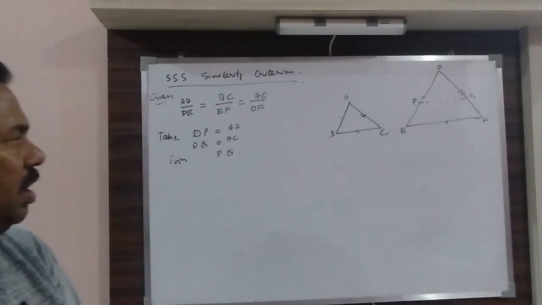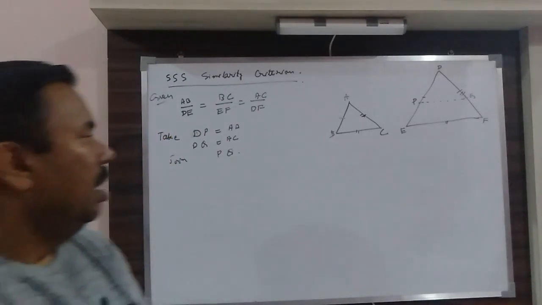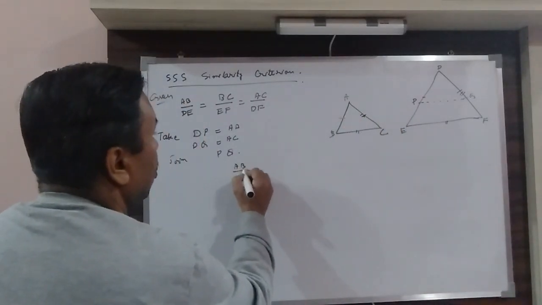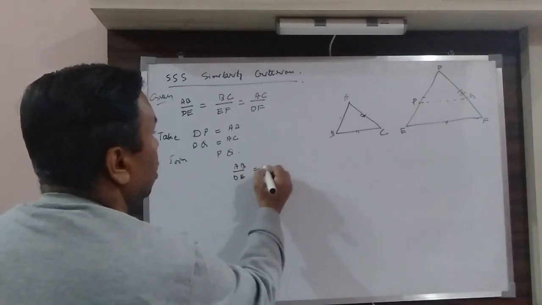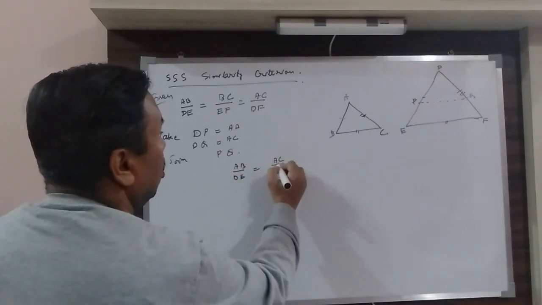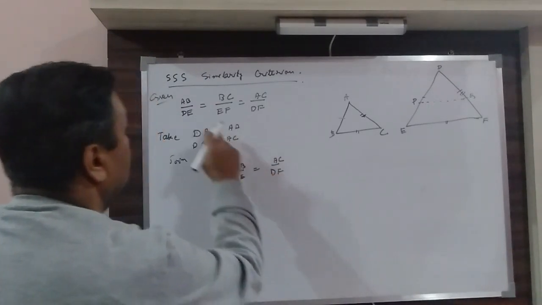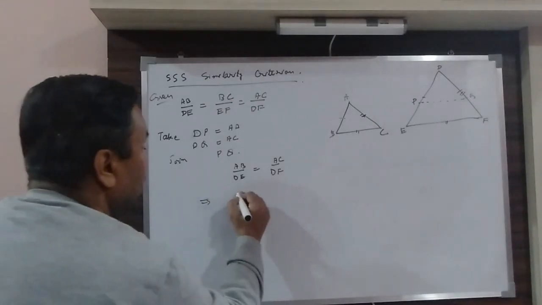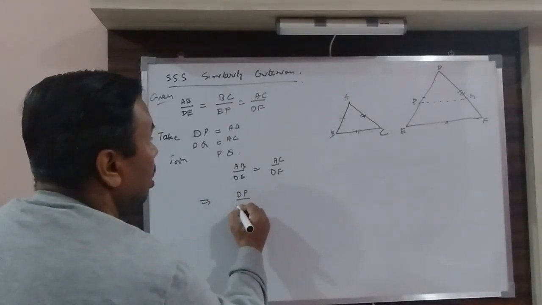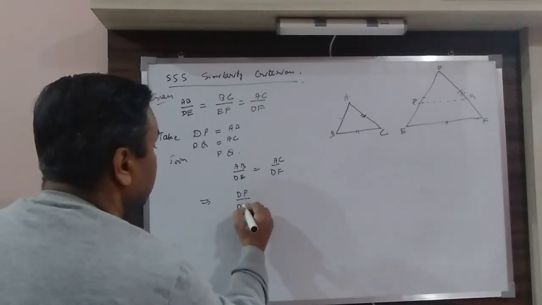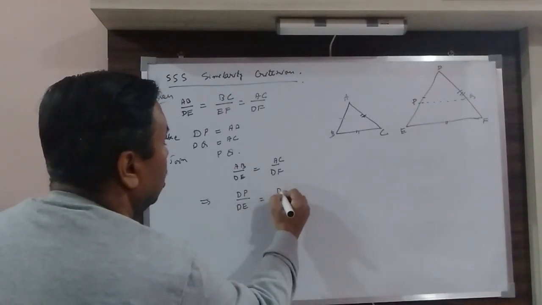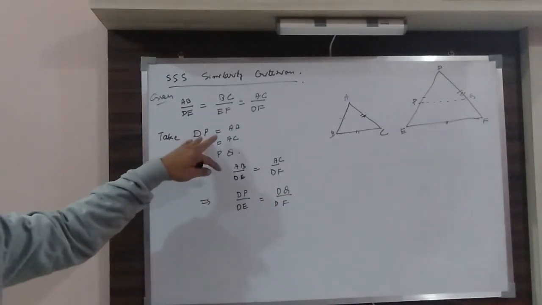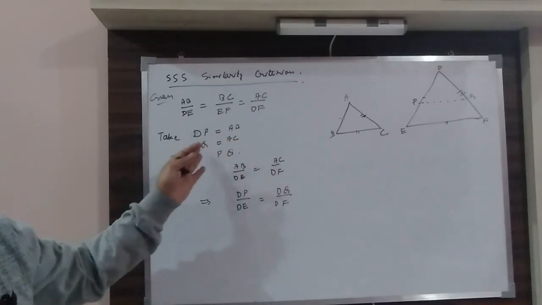Now, what does it mean? I have been given that AB over DE is equal to AC over DF. That means I can say that DP over DE will be equal to DQ over DF. Why? Because DP is equal to AB and DQ is equal to AC.